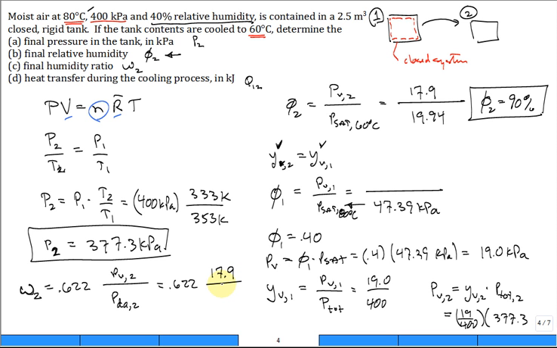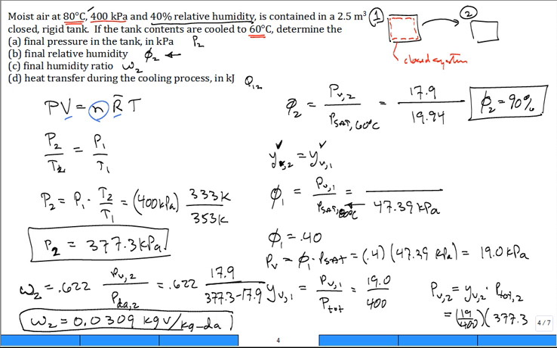And then the difference between 377.3 and 17.9 is the partial pressure associated with the dry air. And you get a humidity ratio at state 2 to be 0.0309 kilograms of vapor per kilogram of dry air. All right, that's part C.